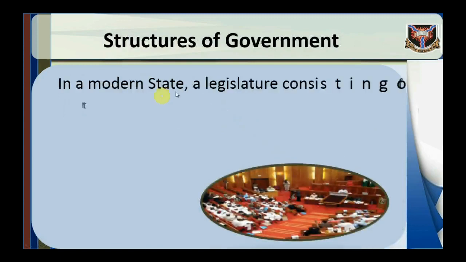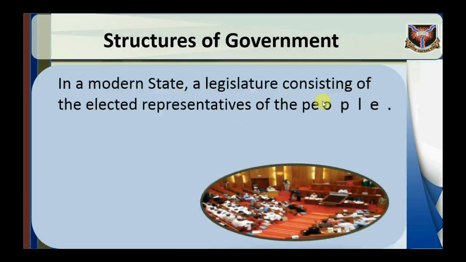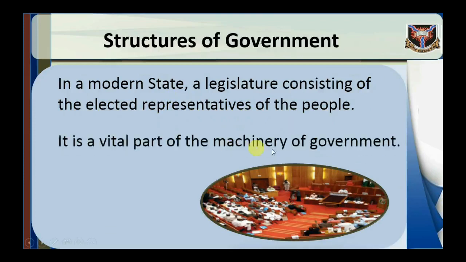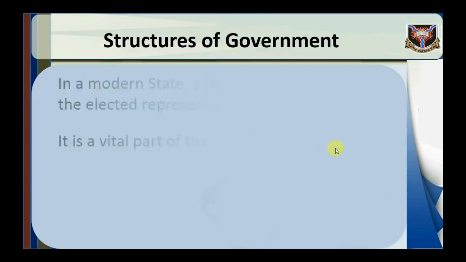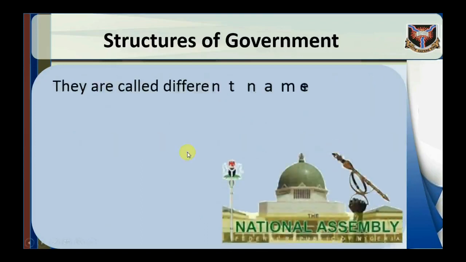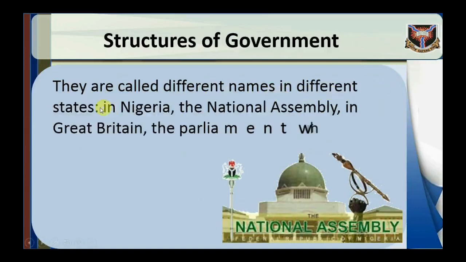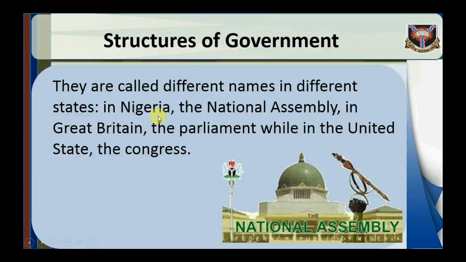In the modern state, a legislature consists of the elected representatives of the people, and has become a vital part of the machinery of government. Legislatures are called different names in different states. For example, in Nigeria, the legislature is called National Assembly.